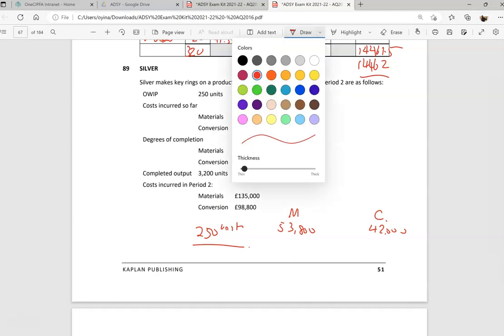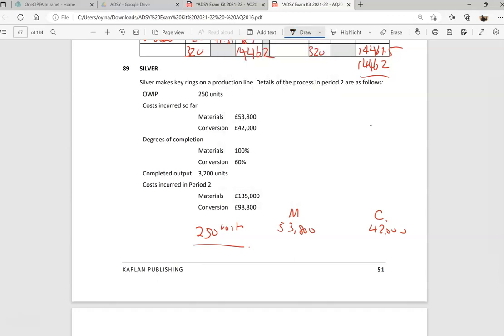Now, what's happened is that you've started working the next day, and you're making some more units. When you go into the next period, which you could call period 2, the next day, you've now completed 3,200 units.